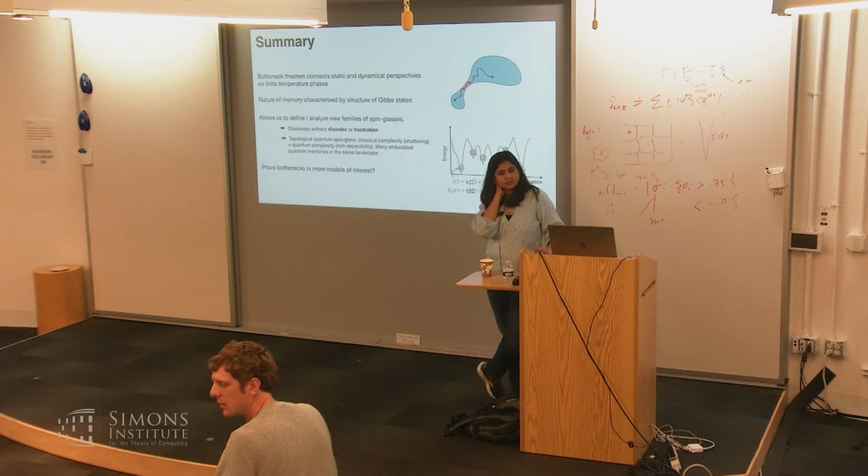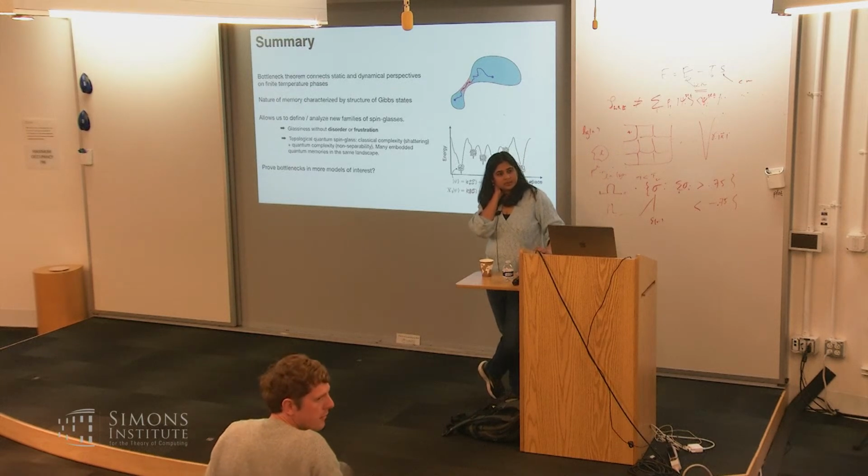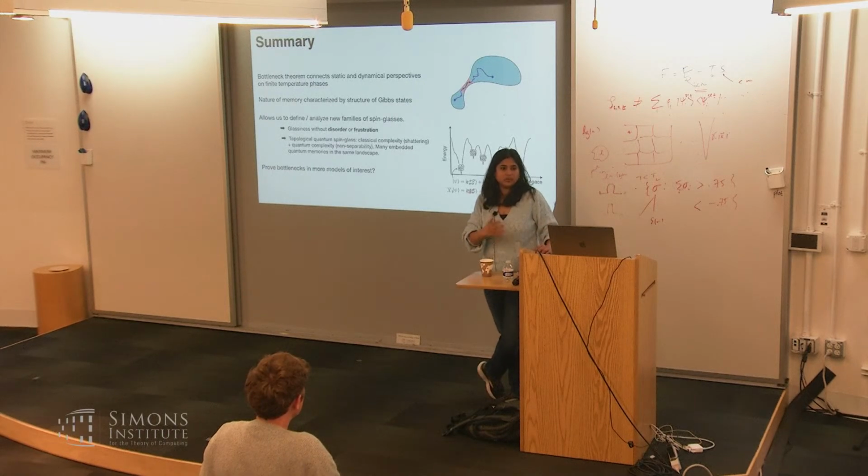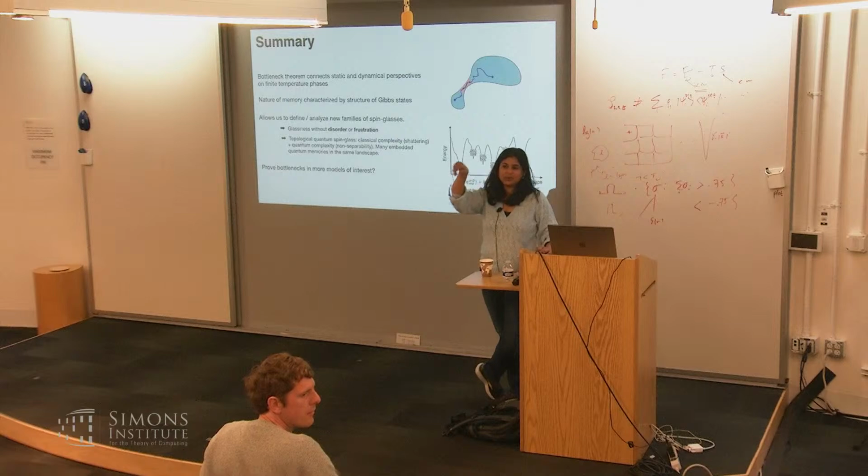Is your mixing time a lower bound? No, I don't think so. Well, I don't know, we didn't try to make it tight. That square root was just very casual. Have you applied it to a specific system?